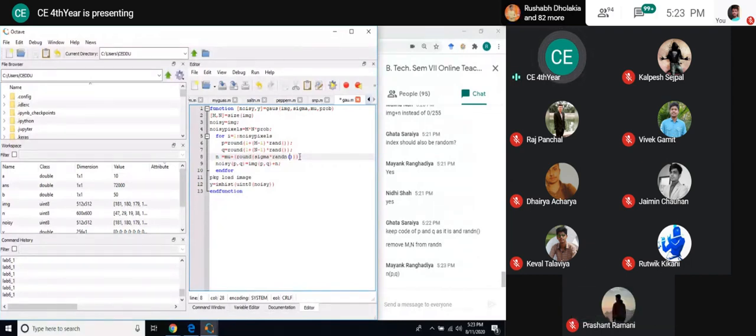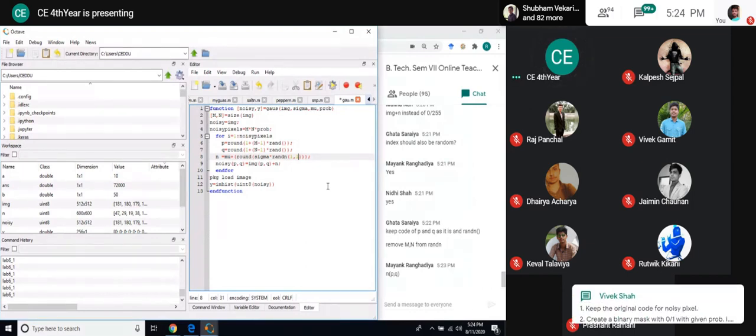I have not generated the entire pixel. What I am doing here is generating a random single value. n is not a matrix here. Understood? If I am generating a matrix, then it will be n of p. Oh, that also can work. I can generate a matrix of m n, and then I just take that value of p. That also can be fine. But it will be very costly to generate this m n matrix every time, and then just take one value out of that.